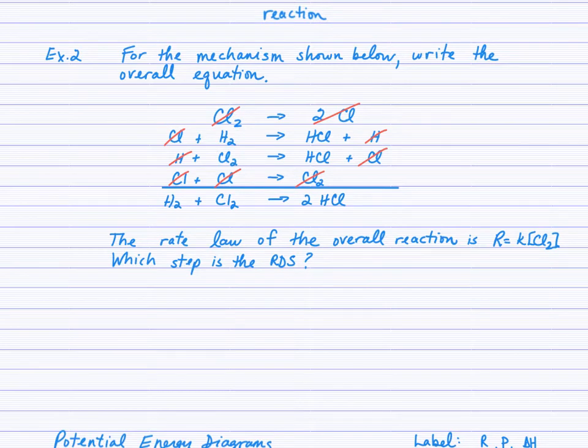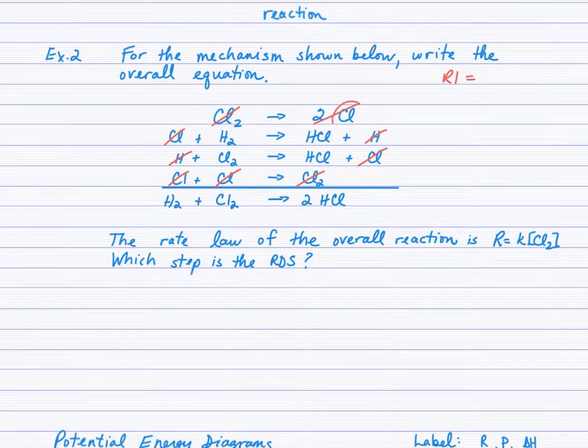Okay, so you'll see that the Cl2's canceled, the free chlorine atoms canceled, the free hydrogen atoms canceled. And we have H2 plus Cl2 produces 2HCl. All right, just as another quick question here, what are the reaction intermediates?